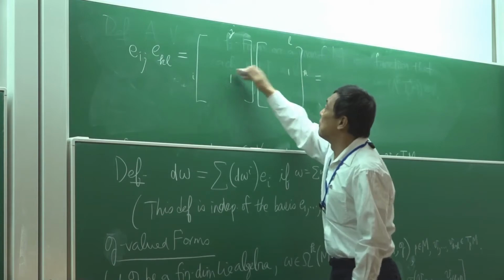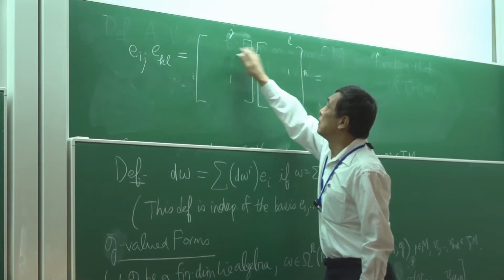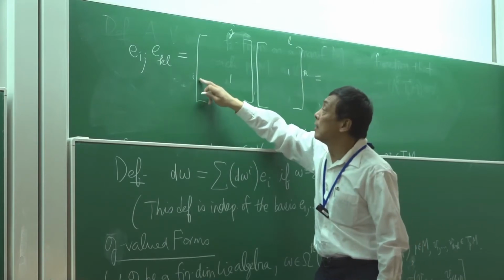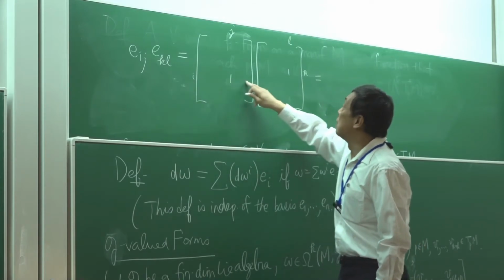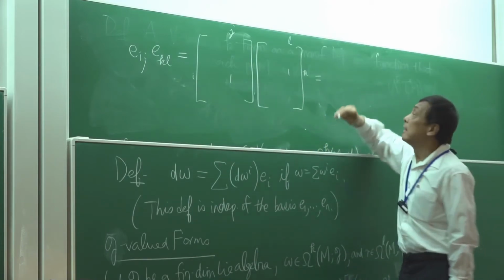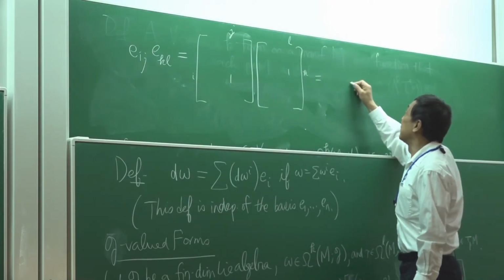When you do your multiplication, you're going to get 0 everywhere except in the ith row and the lth column. So you could get a 1 there.